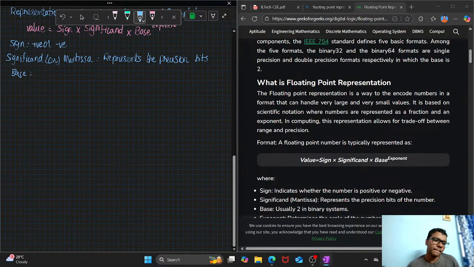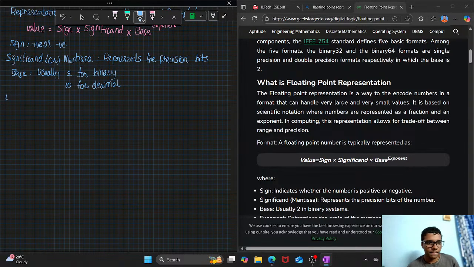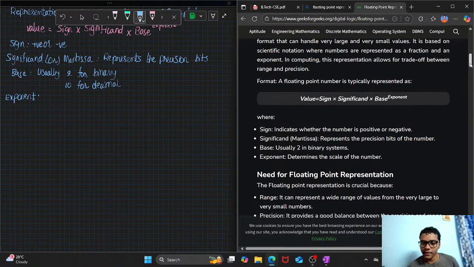Base: usually 2 for binary, and in case of decimal it will be 10. And exponent. Basically, this exponent determines the value.